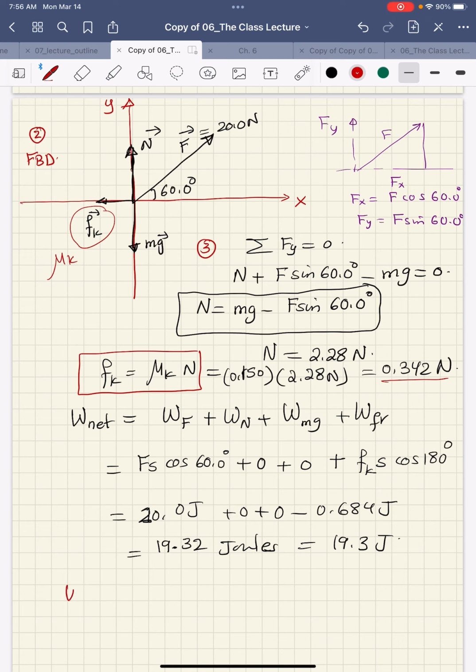The work done by the normal is N times S times cosine 90, and therefore it's going to be 0. The work done by mg, or by the weight, is mg times S cosine 90, and therefore is 0 as well. Then here I have calculated the work done by the forward force, the work done by friction, and then I have my total as 19.3.